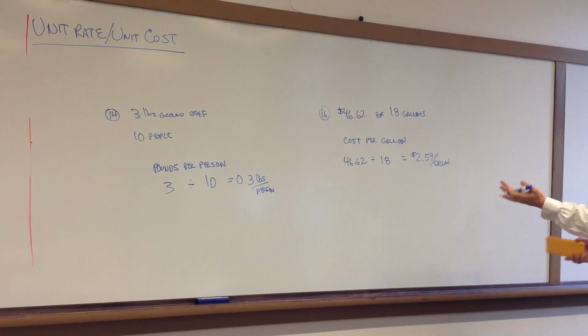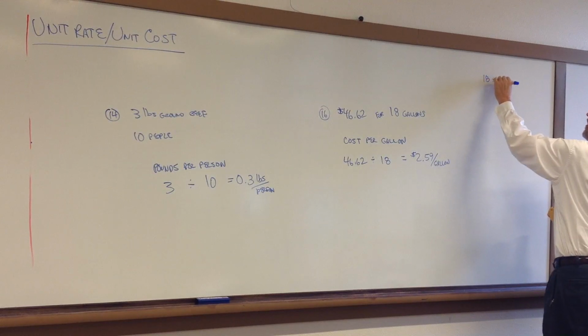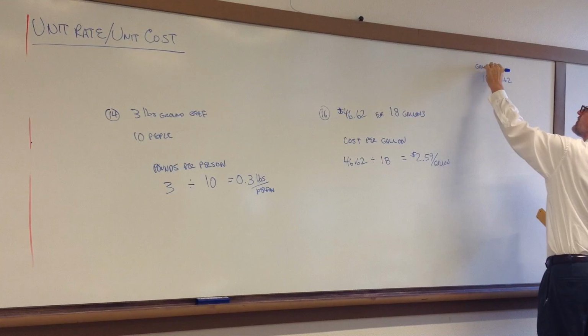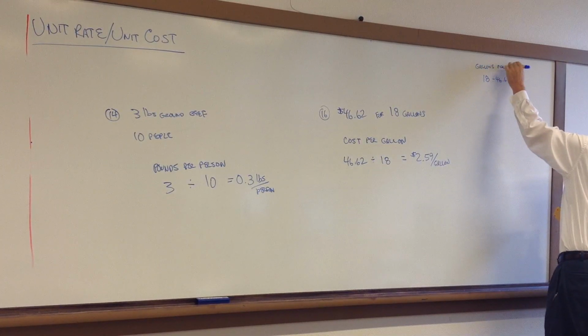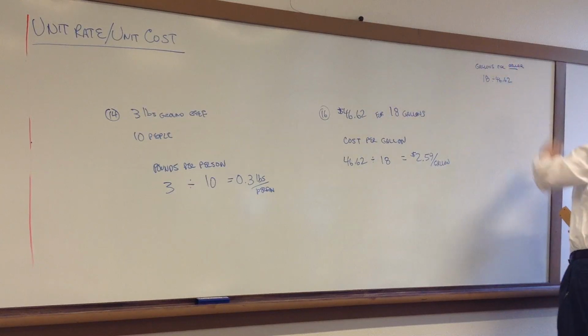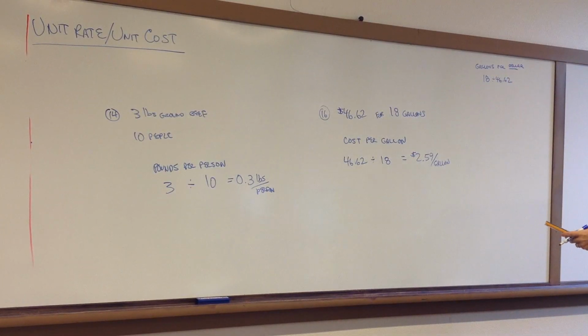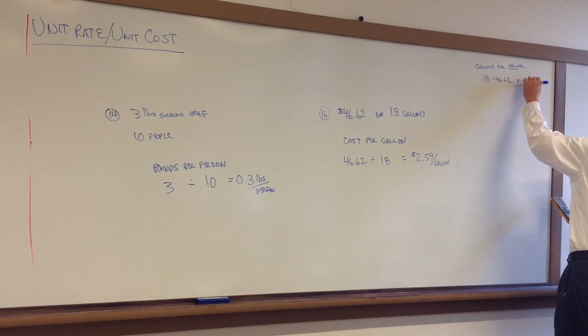Now, what if we did 18 divided by 46.62? Right, so now this is gallons per, instead of cost, really what it is is gallons per dollar. How many gallons can you buy for $1? So if we did 18 divided by 46.62, that would be about 0.386.